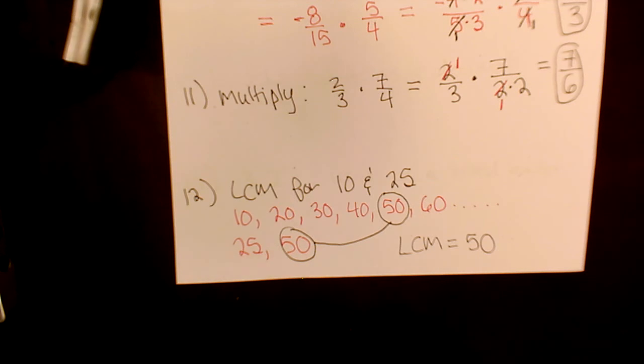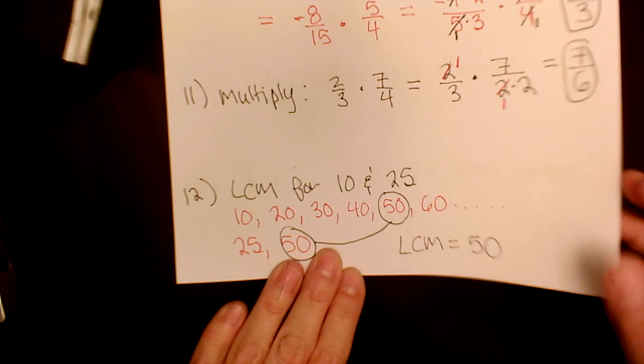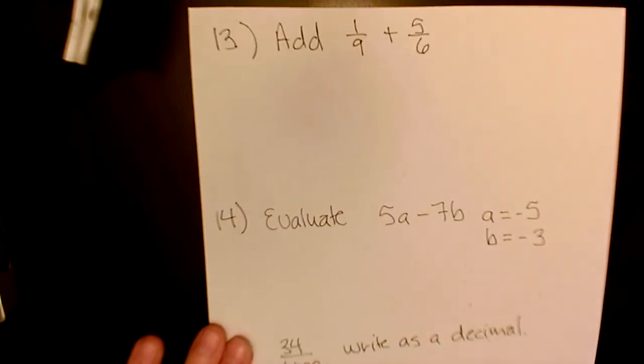That's just how I do it. You can do it by factor tree if you'd rather. I just think this is easier listing them out, but it's up to you. Do whichever way is most comfortable for you. Okay, so that's 12. Let me go to 13.